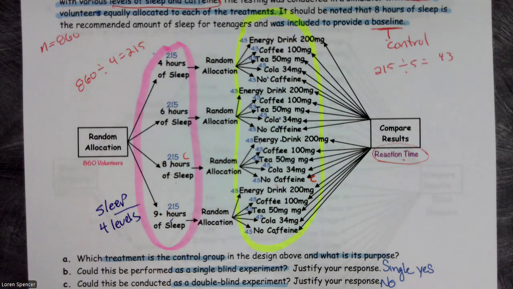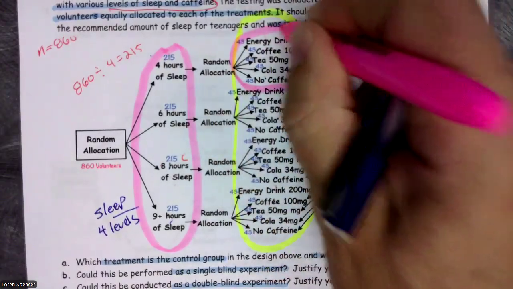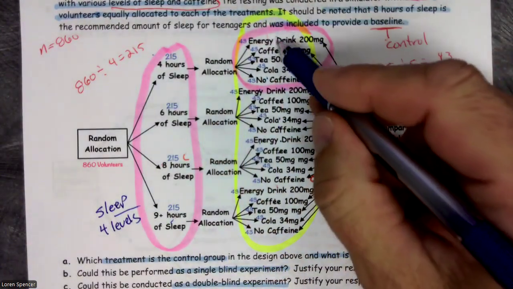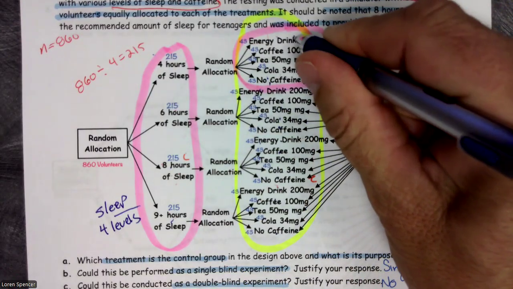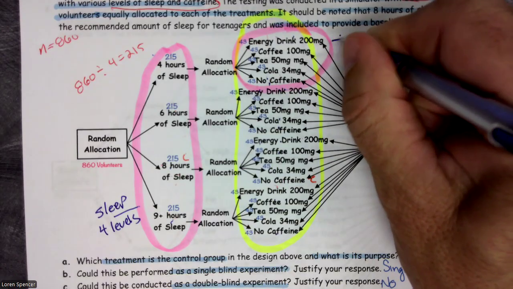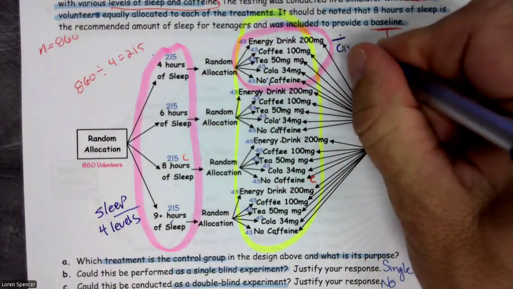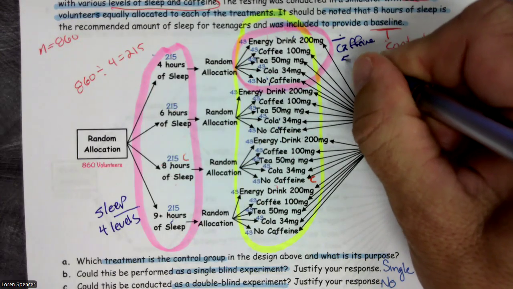We just need to focus in on one of them. So when I look at that, I have 1, 2, 3, 4, 5 groups here, but I also have, what would I call that? Well, this is the caffeine, the amount of caffeine, and it looks like it has 5 levels.